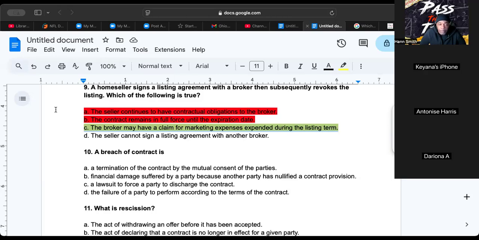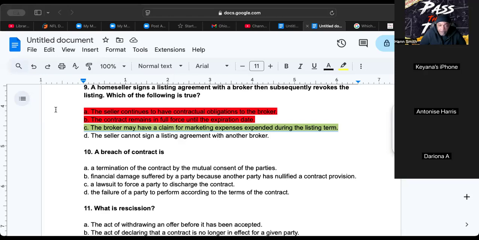So what you probably want to put into the listing agreement is that buyer and agent agree that $1,000 would be expended during the listing term. If the listing is revoked or is terminated due to the seller's action and not cause, meaning that you did something incorrect, seller is to refund the agent the monies for the marketing expense.